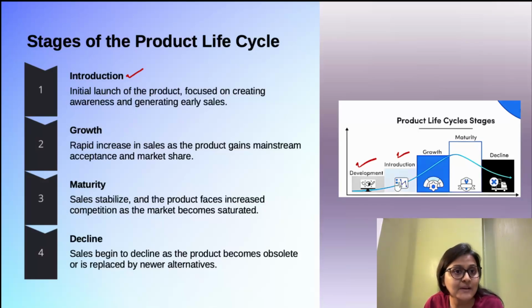Heavy advertisement is done, a buzz is created around the product. It even generates early sales. The consumers of the market space come to know regarding the new product launch.